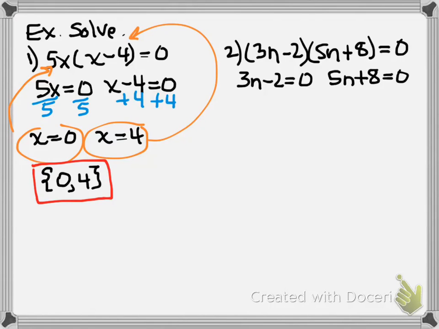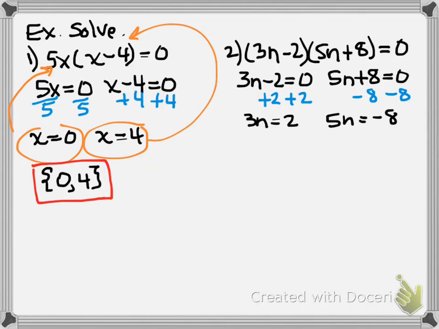So we go back to our skills from Chapter 3, and we do opposite operations, starting with adding or subtracting the opposite of that. So this one we're going to add 2 to both sides. The second one we're going to subtract 8 from both sides. So that gives me 3n equals 2 and 5n equals negative 8.